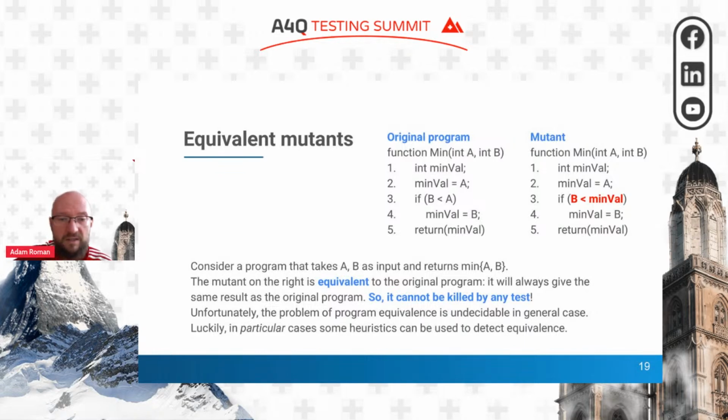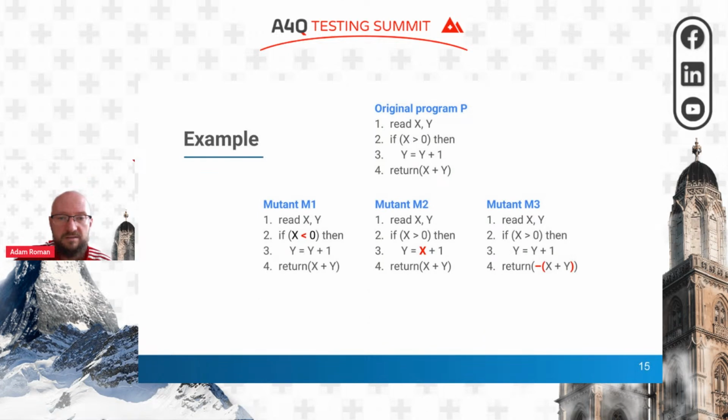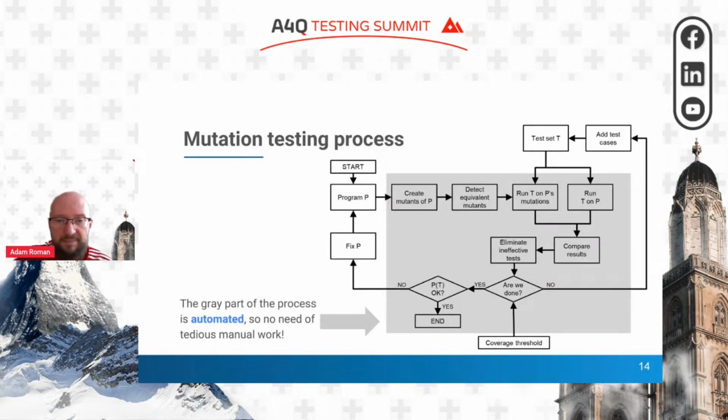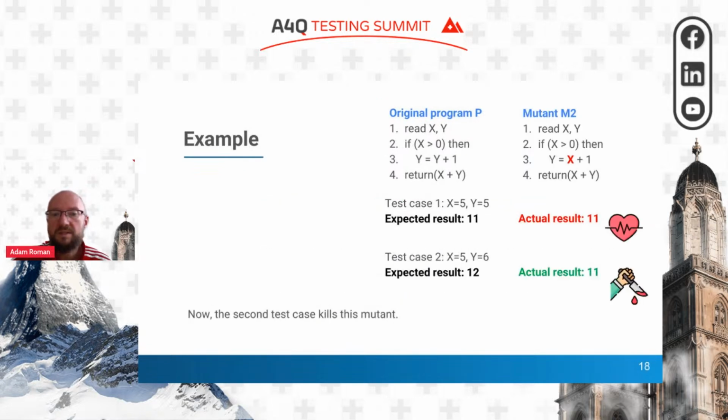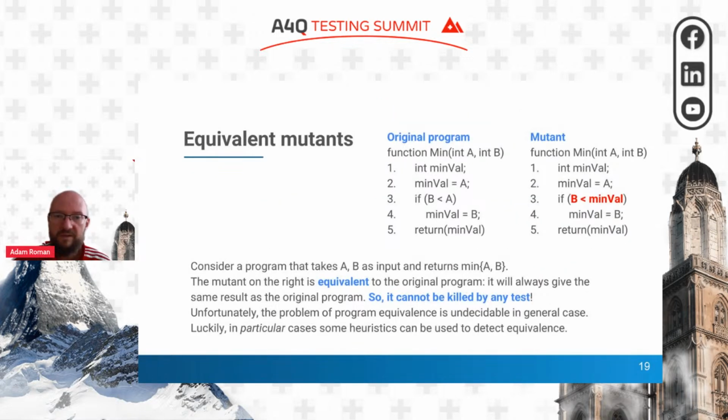So that's why in this process there is this step, detect equivalent mutants. If we have a lot of equivalent mutants, they impact the mutation score, right? Because it will be lower than it is in reality, because the denominator will be greater because of equivalent mutants. So we try to avoid equivalent mutants.